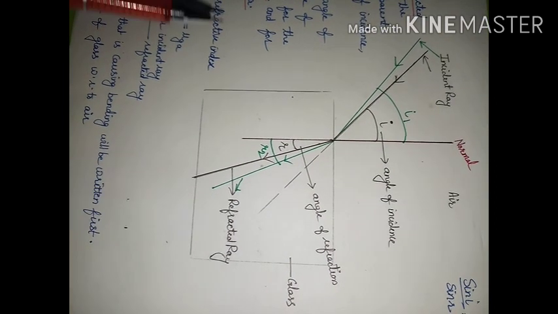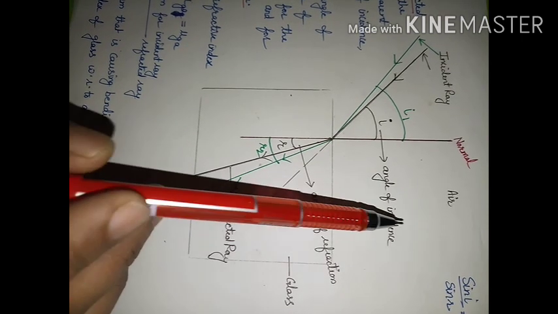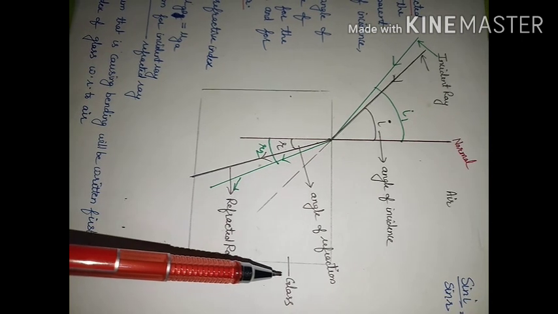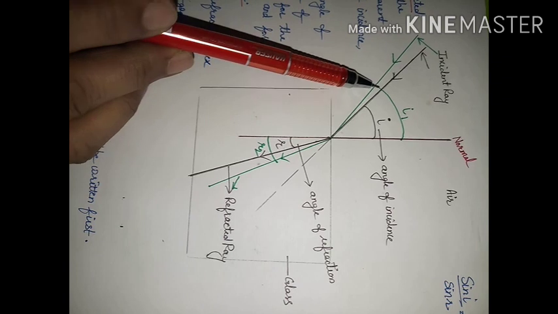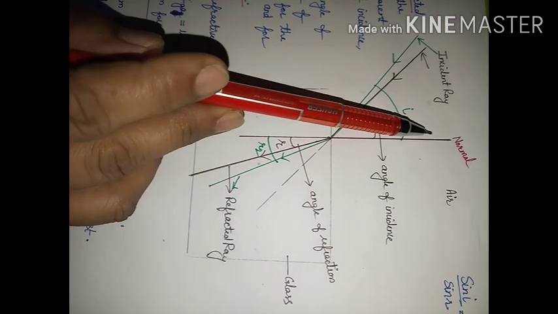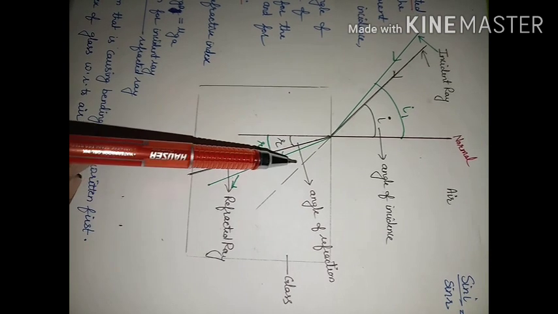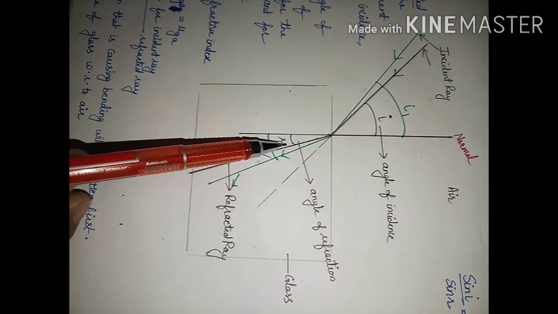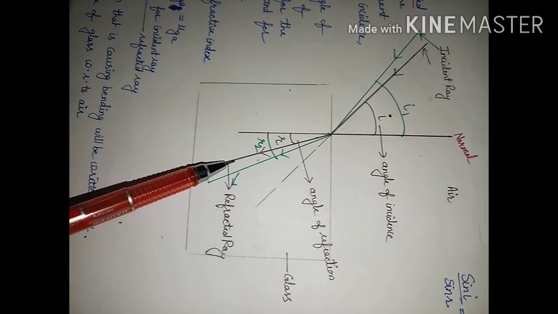So when the ray of light goes from air to glass, air is a rarer medium, glass is a denser medium, so it will bend towards the normal. This is the incident ray. This is the normal. After refraction, this ray will not go like this. It will bend towards the normal. So this is the refracted ray.